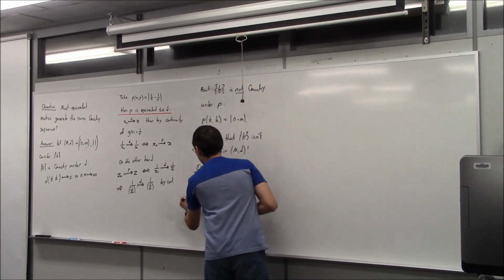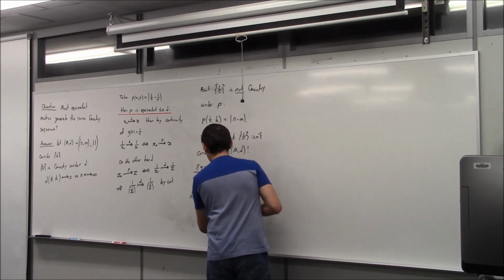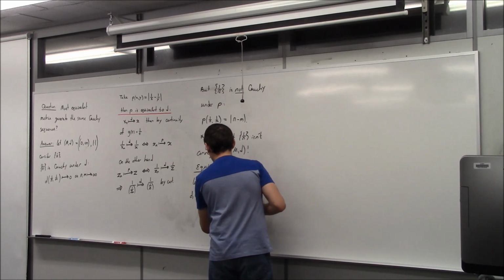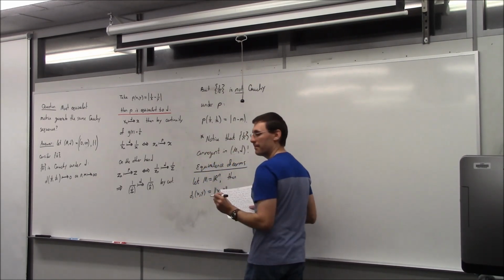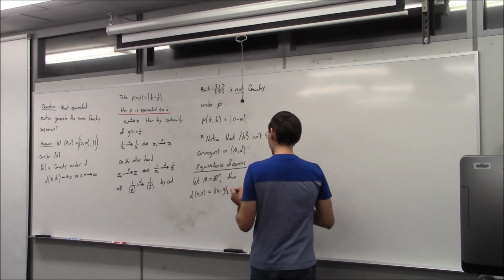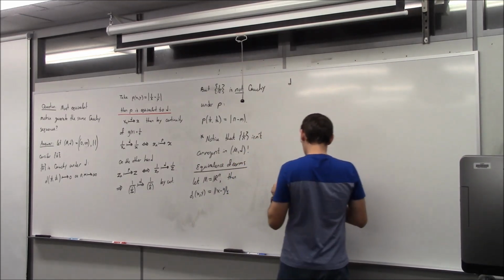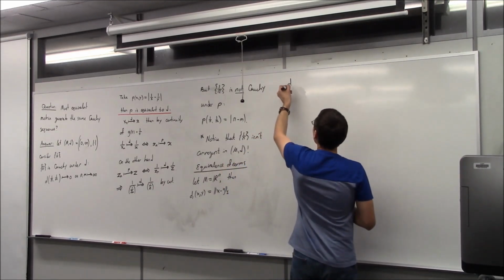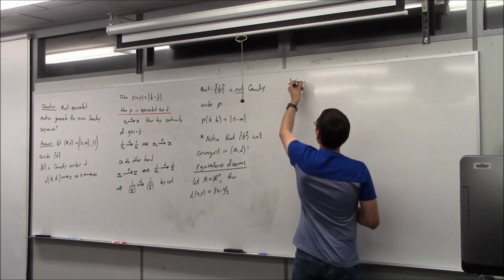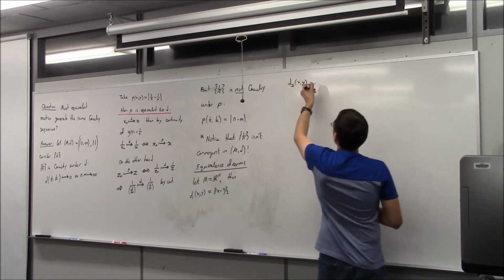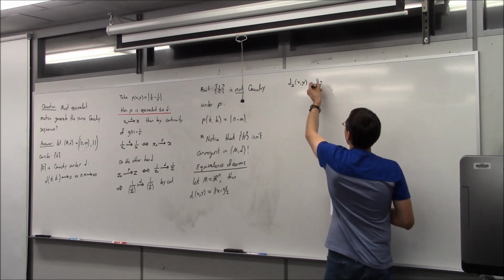If I take distance d1 between a vector x and y to be the magnitude of x minus y using the 1 norm, and I take d2 from x to y to be the regular Euclidean norm.